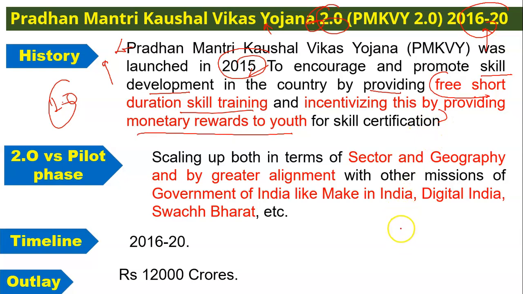For example, if anyone wants to become a welder or a fitter, this scheme will give 6 to 8 weeks or 200 hours of training to the job seeker, and they will give certification to that person, so he can use this skill and this certification for getting a job in any company, in any organization.